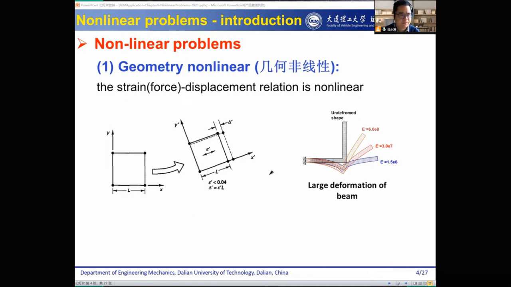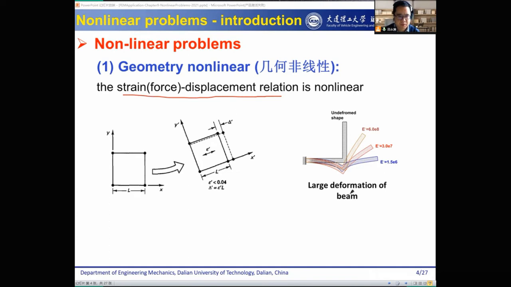The first is the geometric nonlinear problem, which means the strain-displacement relationship is nonlinear. For example, they have large deformation or large rotation and displacement, and we will talk about the geometric nonlinear problems in chapter 11.